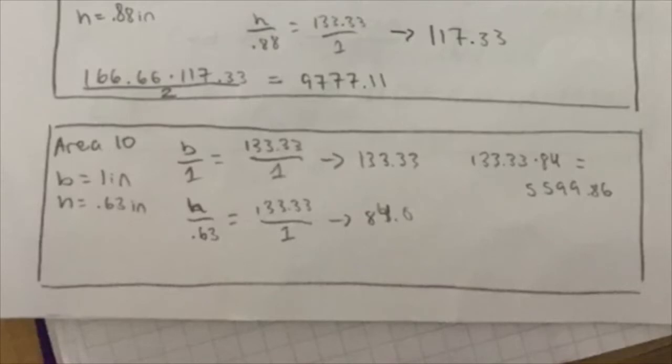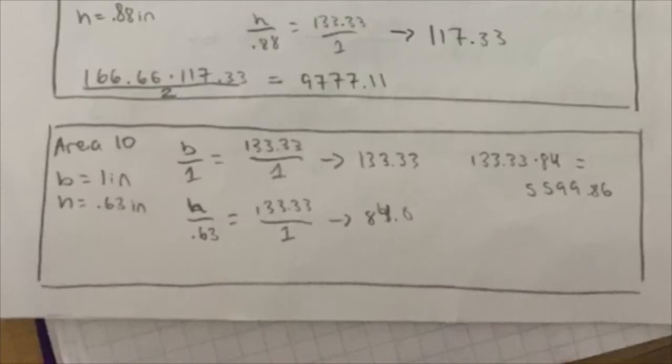Alright, so to find the area of shape 10, which was also a triangle, we followed the same procedure as our last triangle, and we started by measuring the height and base of the triangle on the map. For the height, we got 0.63 inches, and for the base, we got 1 inch. With these measurements, we set up our proportions. For the height, we set it up as height over 0.63 inches is equal to 133.33 miles over 1, and we cross-multiplied that and got the answer of 84.